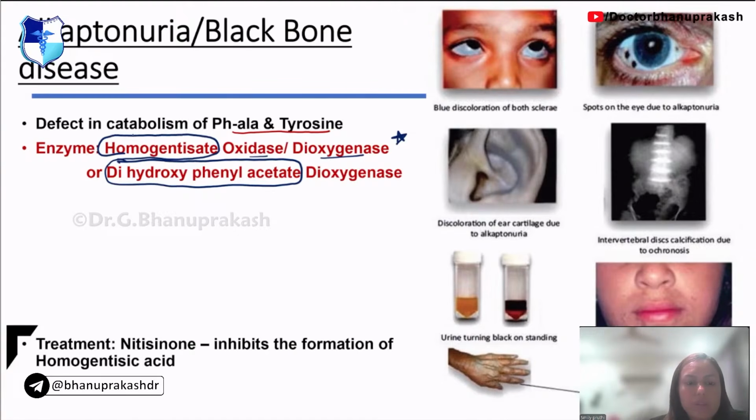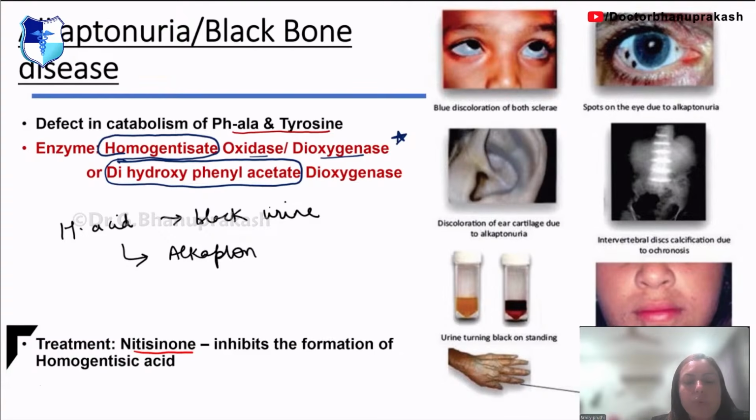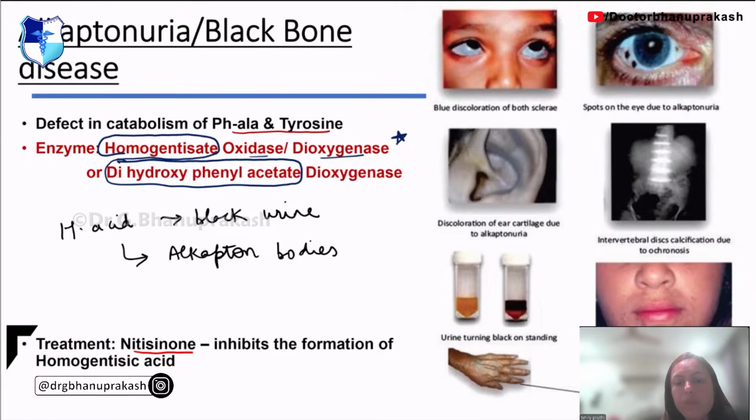So in these patients, treatment is a drug nitisinone, which inhibits the formation of homogentisic acid, because homogentisic acid is the culprit here. It gives black color to the urine by oxidation. That's why known as black bone disease. And this homogentisic acid gets accumulated in body, leading to the formation of alkapton bodies, which get accumulated in cartilages, so leading to discoloration of cartilage.